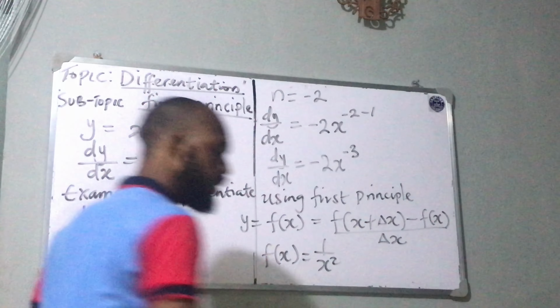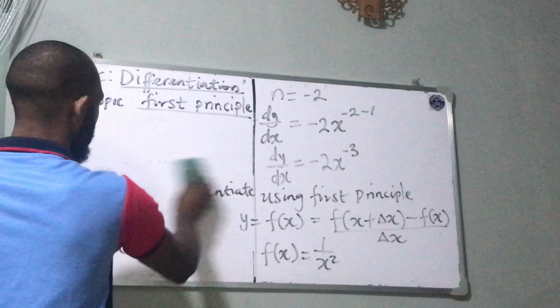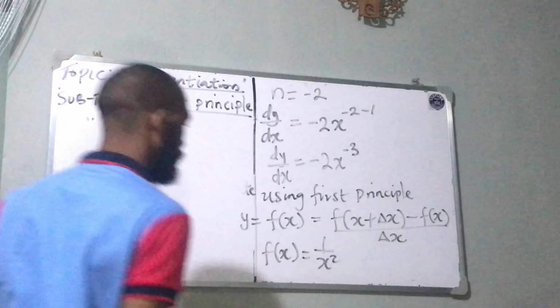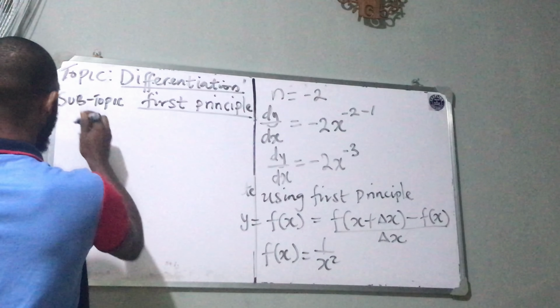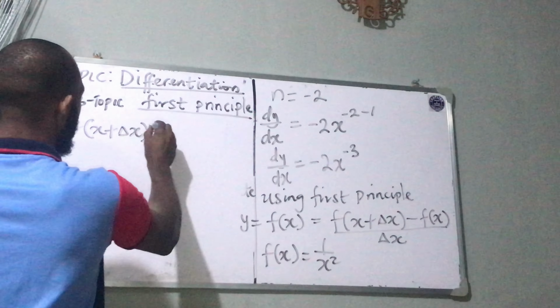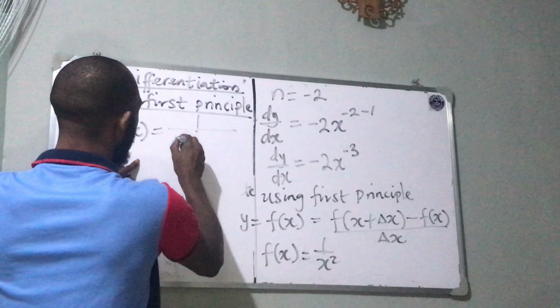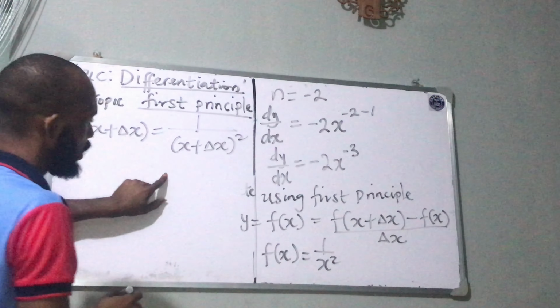So I need to find f of x plus change in x. Now how do I find f of x plus change in x? I'm looking for f of x plus change in x, which will be 1 over x plus change in x all squared.